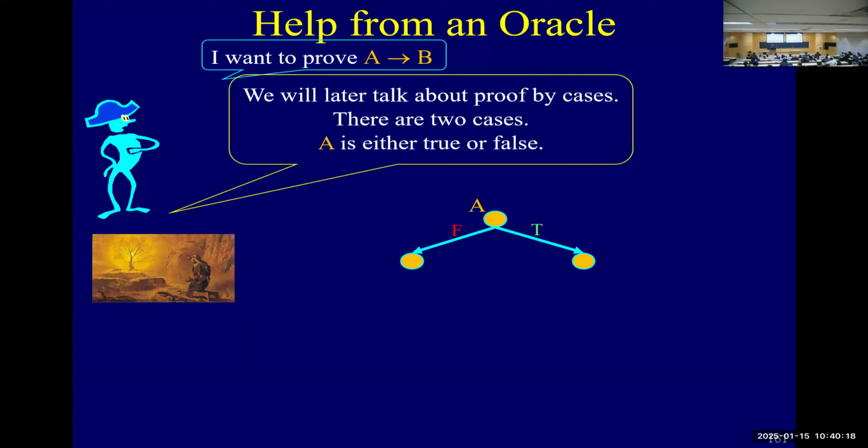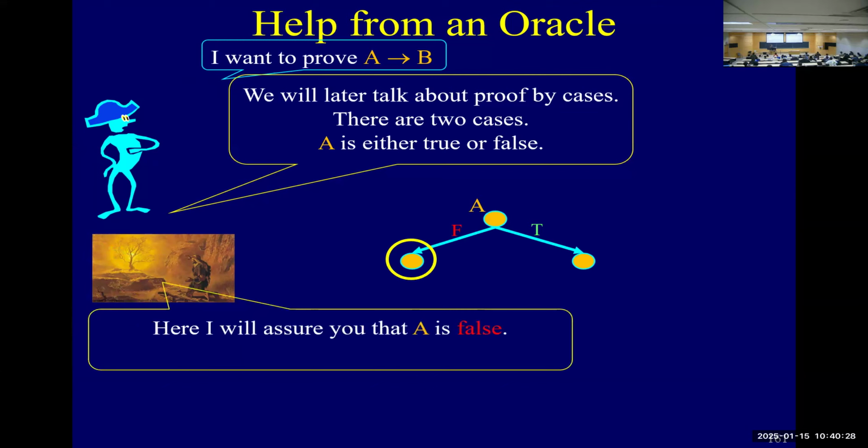Right now, we're going to do proof by cases. I said it already. There are 2 cases. A is either true or false. And if it's false, while we're down here, we're going to assume it's false. In fact, later in 3101, we're going to talk about dynamic programming.